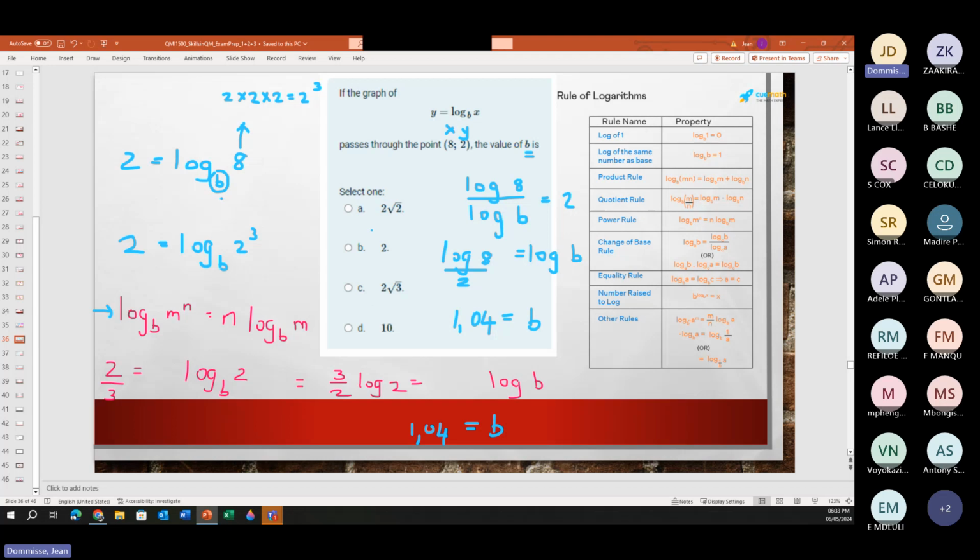So let me just check. What is the square root of 2 times 2? So that is over 2. That's not that, not that. Yeah, so I think what happened here is that those two were swapped around.